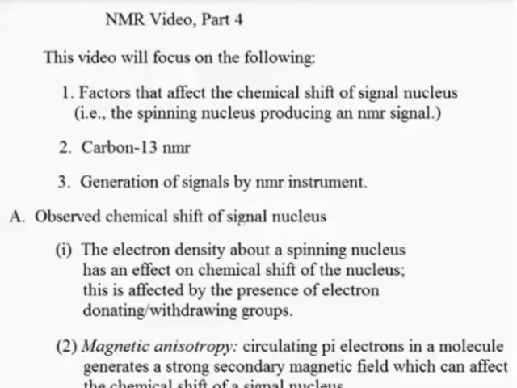The chemical shift of a spinning nucleus is due to a number of effects. One of these effects, I've already briefly talked about it, is the presence of electron withdrawing or electron donating groups.